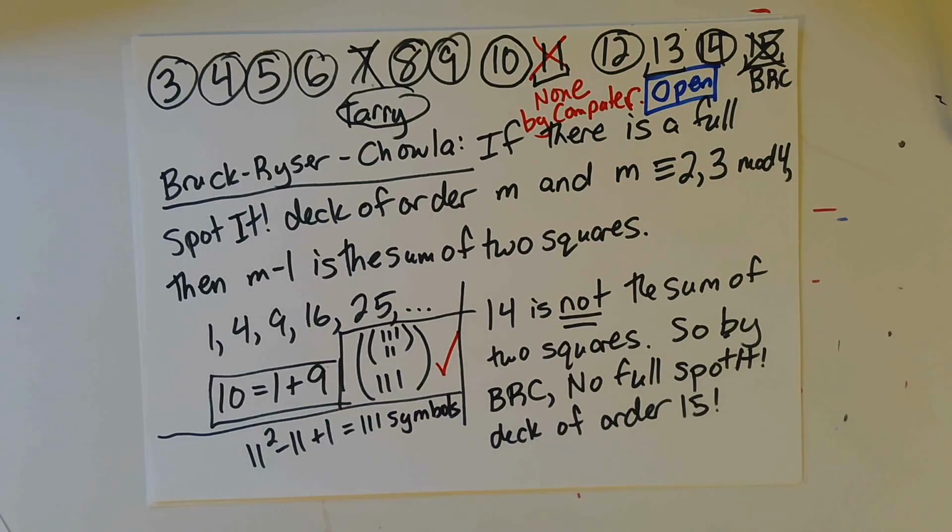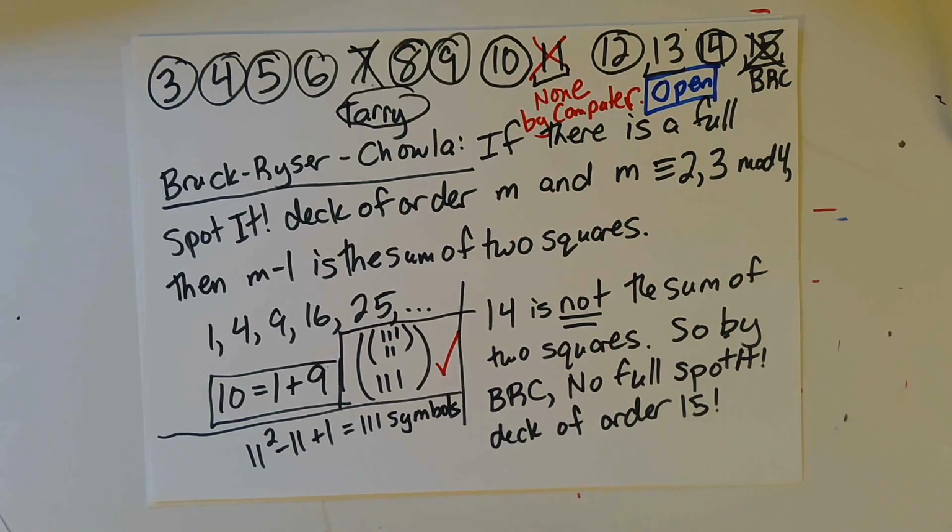So I wanted to say just a little bit more about how this works out. Namely, what would you expect based on this information? If, and this is a big if, you believe the general consensus that there are no full spotted decks where m-1 isn't a prime power.